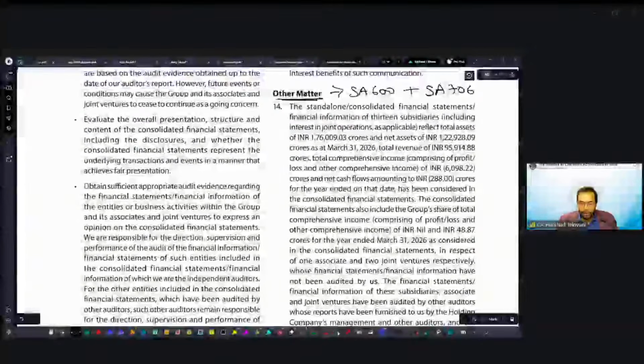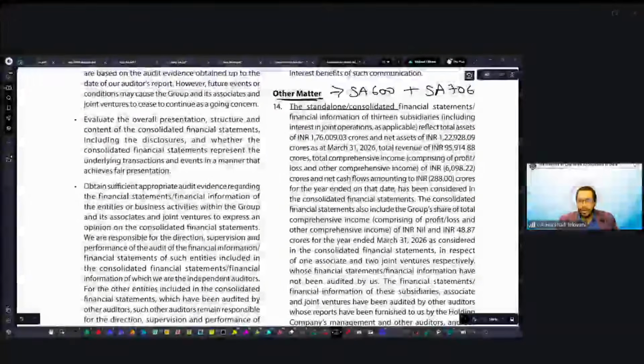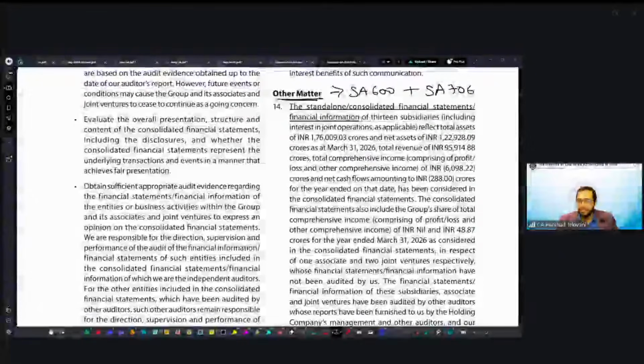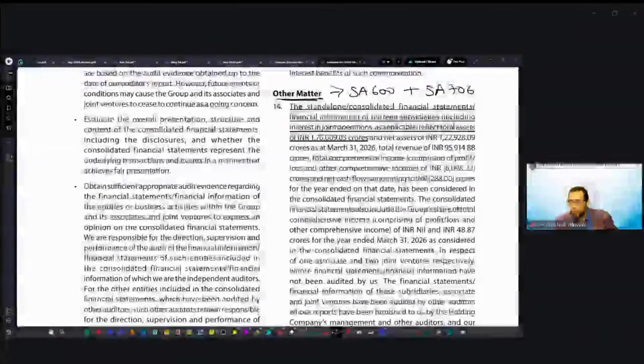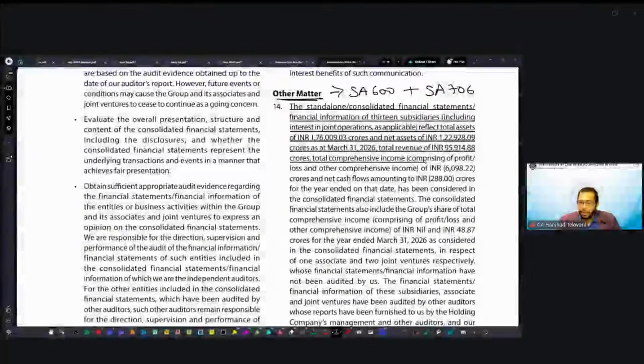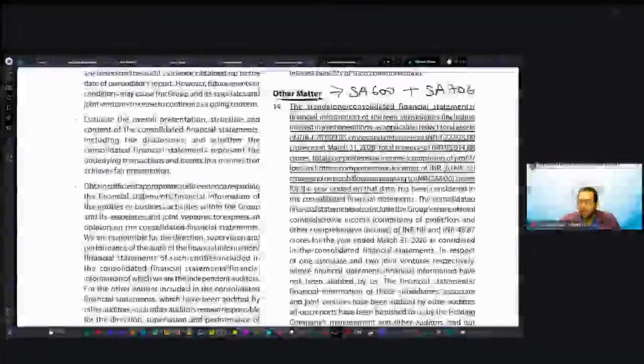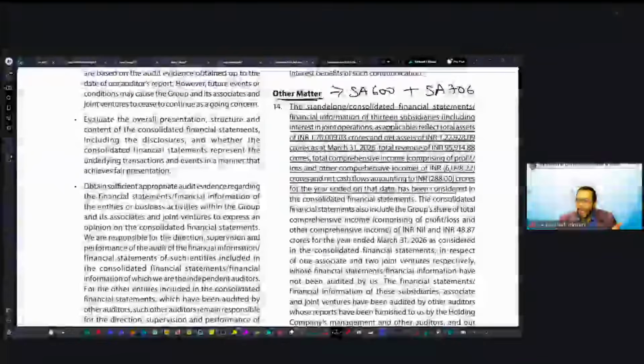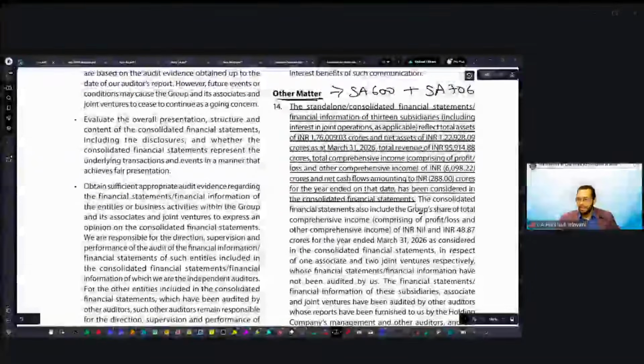So, if we read this, it says that the standalone and consolidated financial statement and financial information of the 13 subsidiaries, including the interest in the joint operation as applicable, reflect total assets of this many crores, net assets of this many crores, and total revenue, total comprehensive income, comprising of profit and other comprehensive income, and the net cash flow of this many crores for the year ended on that date, which has been considered in the consolidated financial statement.